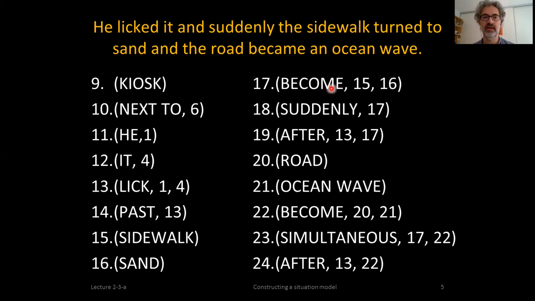If this happens after that, and this happens simultaneously with this, then I also know, which means I represent in my mind, that this also happens after that. So this is my understanding of the text. So far, all of these things are in my mind by the time I'm done reading the second sentence.